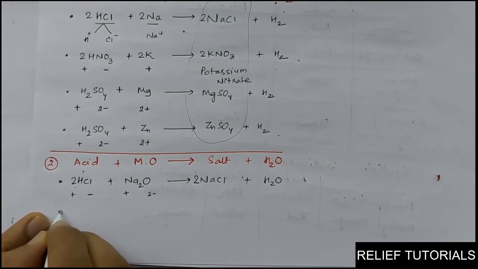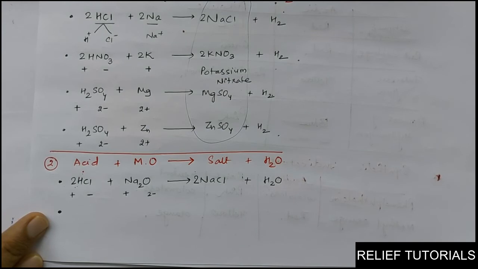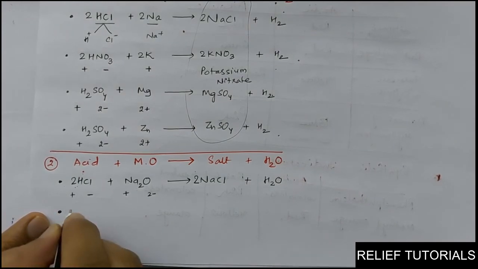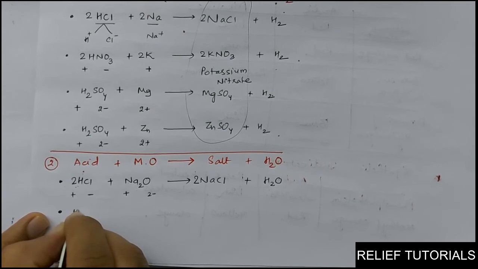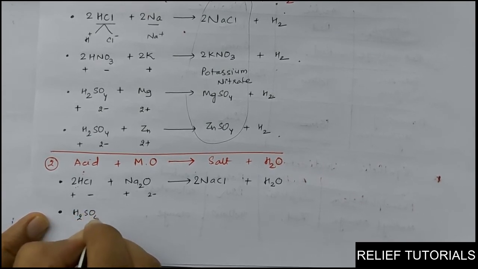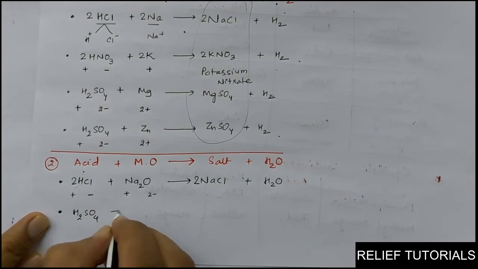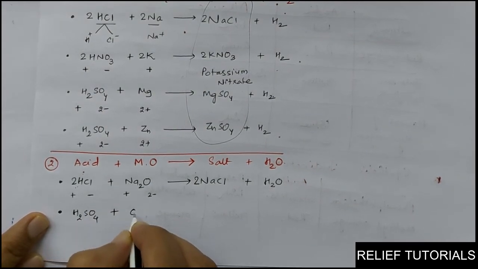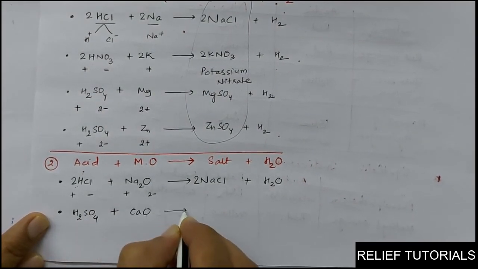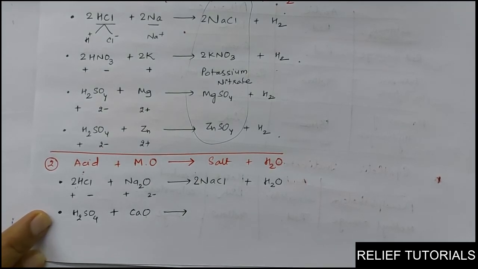One more example, let us say H2SO4. H2SO4 reacts with one of the metallic oxides, let us say CaO, calcium oxide.